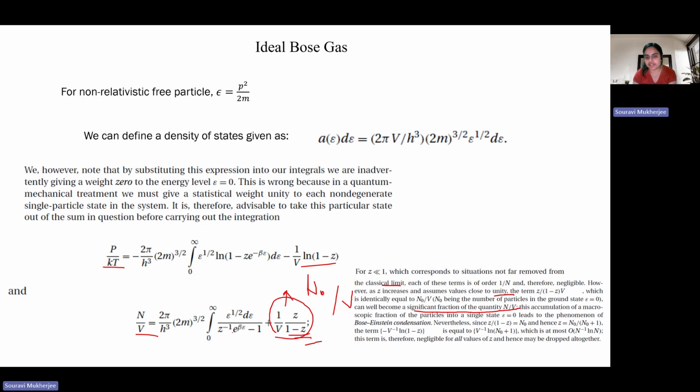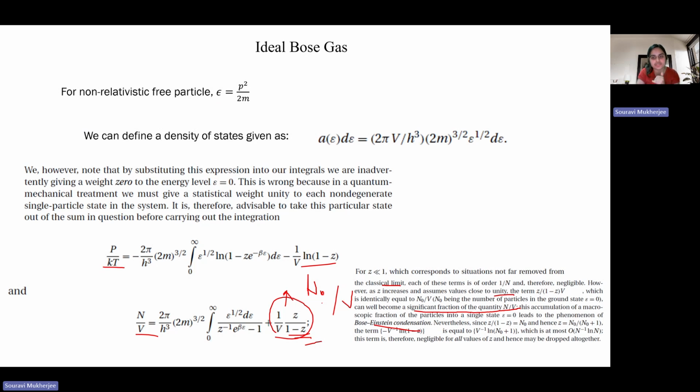This accumulation of a macroscopic fraction of particles into the single state epsilon equal to 0 leads to the phenomenon of Bose-Einstein condensation. So what is it telling you? As z tends to 1, this value keeps on rising, which tells you that n0 keeps on rising. What is n0? n0 is the number of particles in the zero energy state.